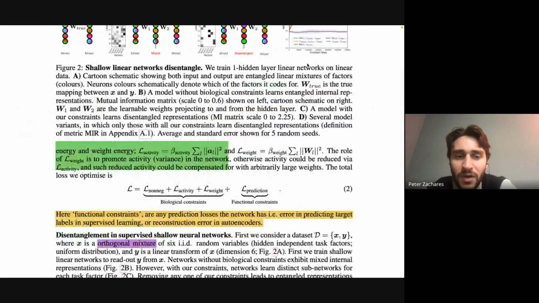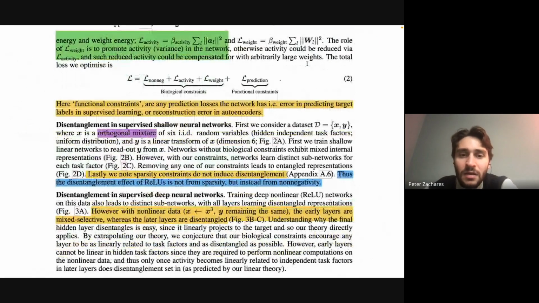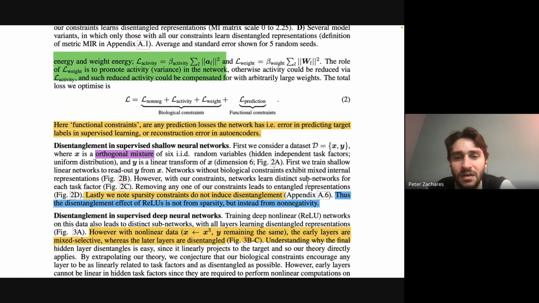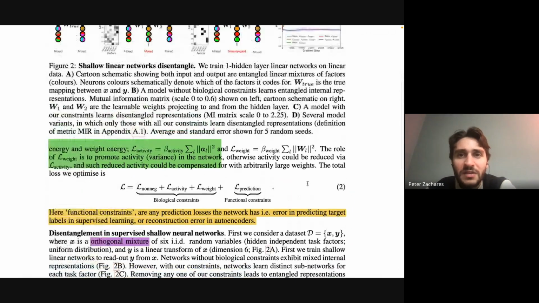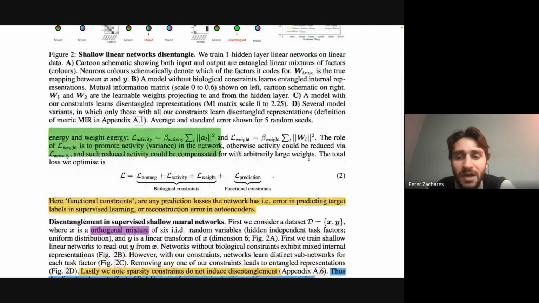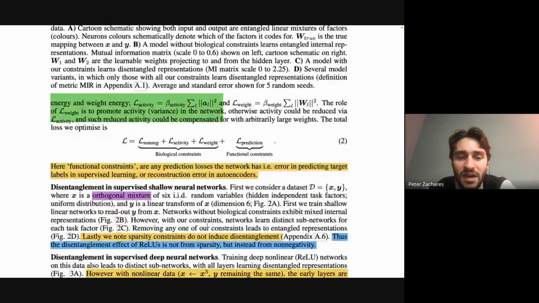And one point they make is that, lastly, we note the sparsity constraints do not induce disentanglement. They point out that I think ReLU pushes models to have sparse representations, but when they trained models with sparsity in mind, they actually didn't end up having high disentanglement scores, which is what's in the appendix.